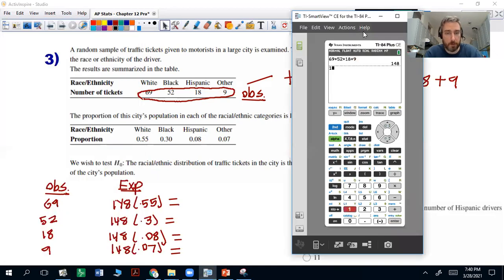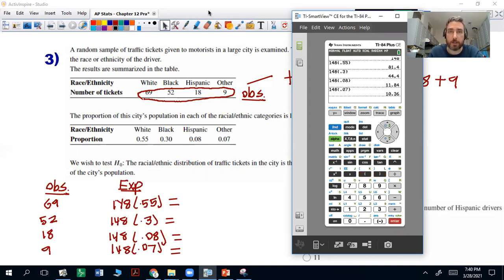All right, 148 times 0.55, 0.3. It's important not to round these. Use your decimals when you're writing these out.